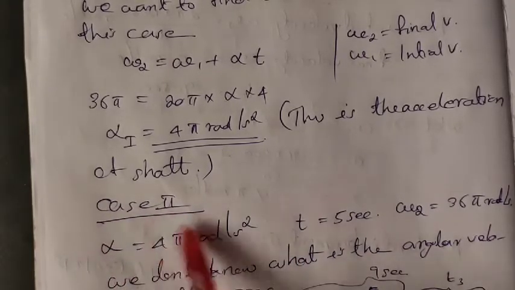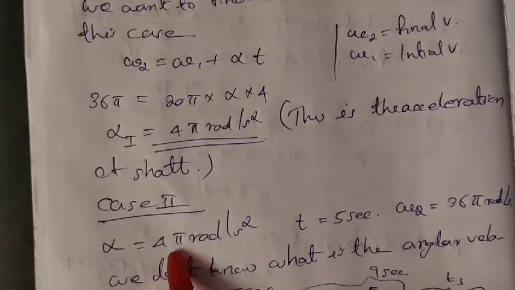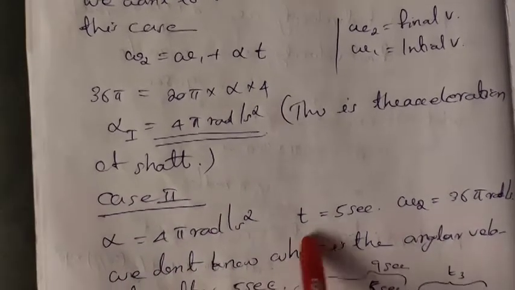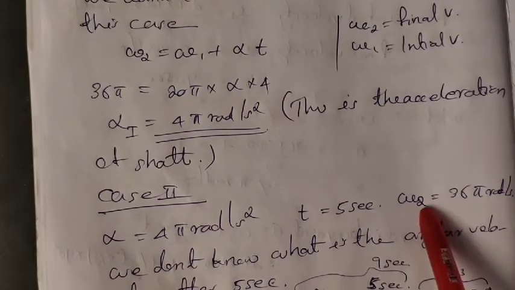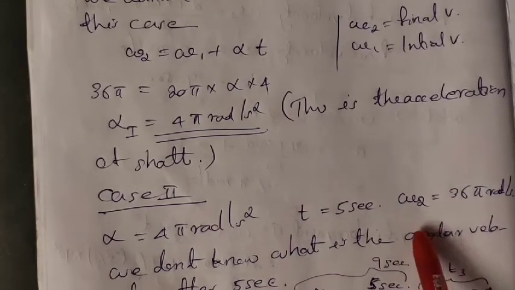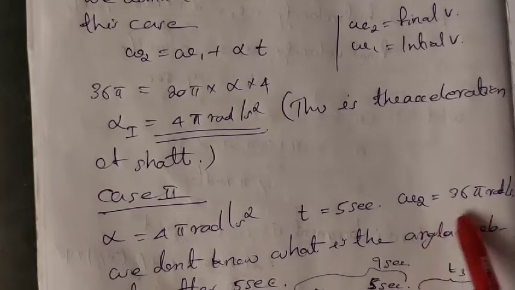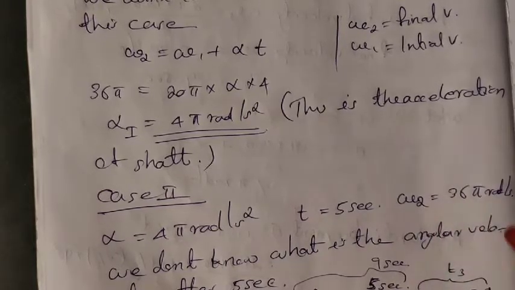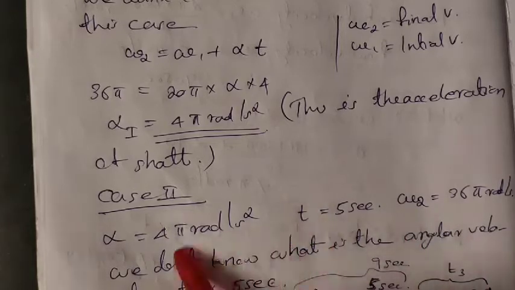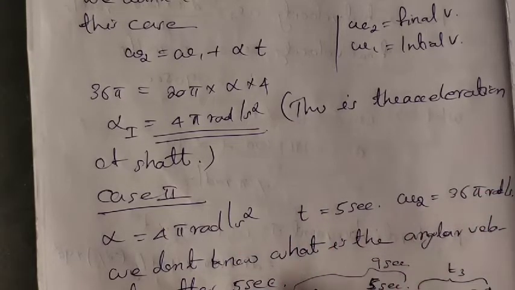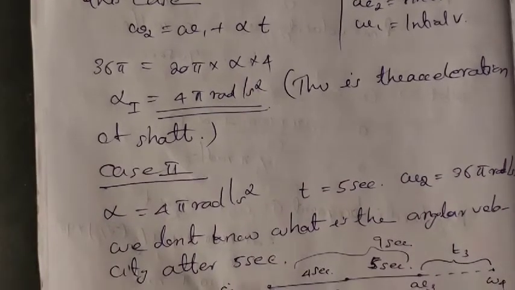In case 2, the acceleration is 4 pi, the time t is 5 seconds, and the initial velocity is 36 pi. The final velocity is not the same, since the velocity is increasing; the acceleration is the same.